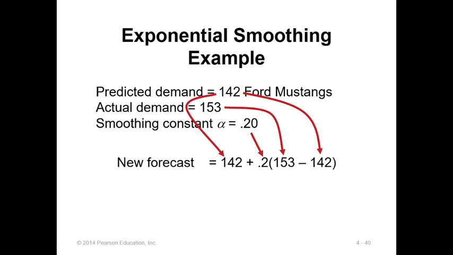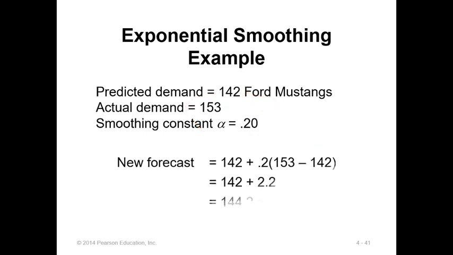So it will be 142 plus 0.2 multiplied by the difference between them, which is 11. Then we will have 142 plus 2.2, which is equal to 144.2 cars, or approximately 144 cars, since we cannot divide a car into parts.